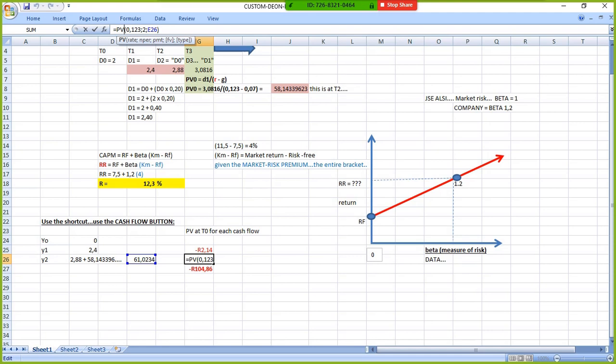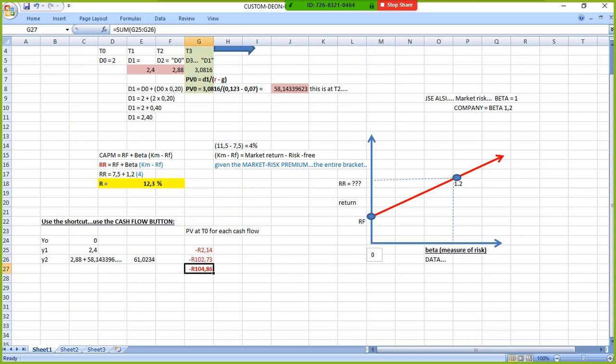Present value. Okay, but I think you took in that 61 Rand plus that 58 Rand. Yes, you have to discount both. Oh, okay. 0.243, enter. Discounted for 2 years.